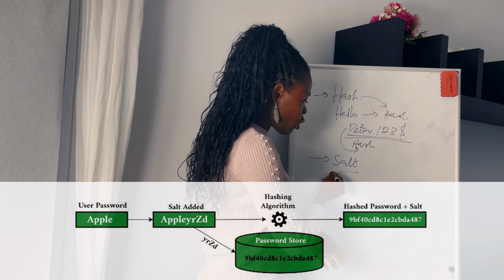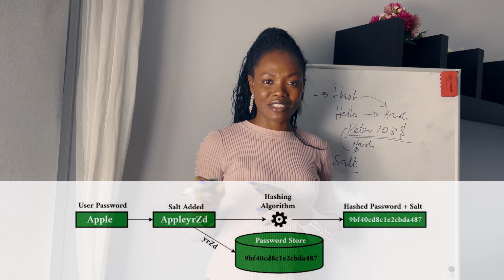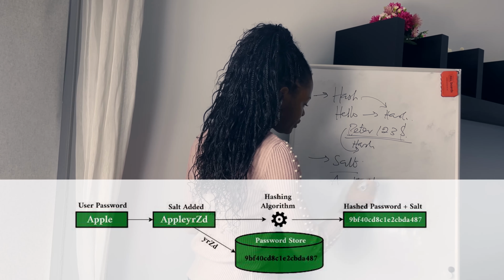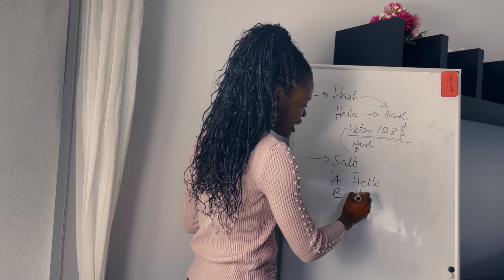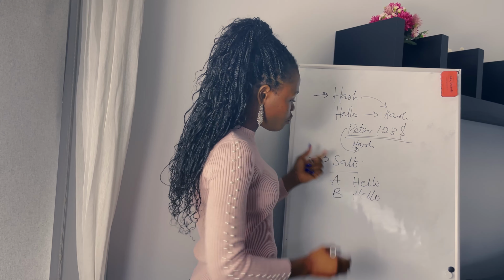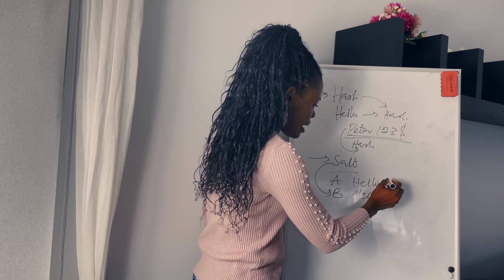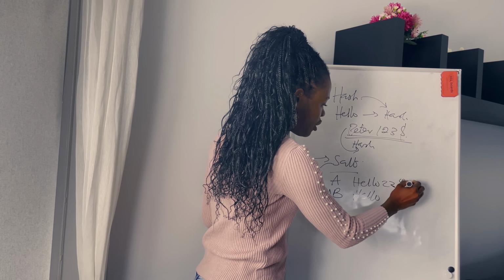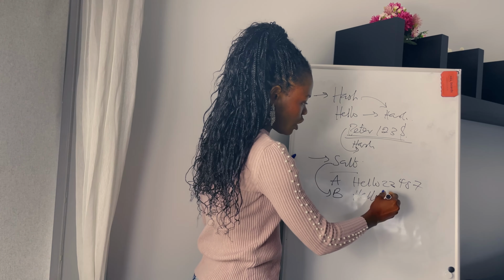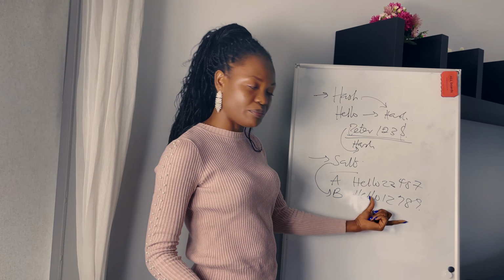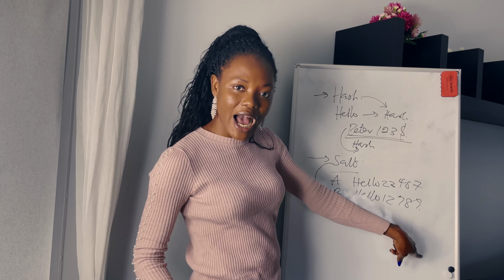When salting occurs, these passwords are not saved the same. Let's say friend A is using hello and friend B is using hello also. When salting is added, something random like 2 3 4 8 7 might be added to friend A, and 1 2 7 8 9 added to friend B, before hashing is done.